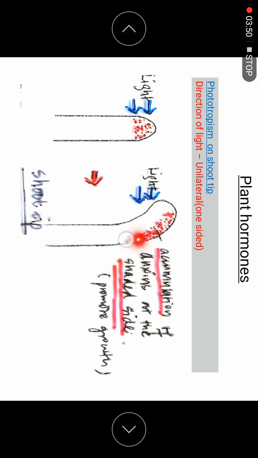So when this side grows faster and this side grows slower, at the end the result is that it grows to the left. Can you understand that? The cells grow faster here and slower there because auxin diffuses to the darker, shaded side. So it will promote growth. The function of auxin is to promote growth at the tips.